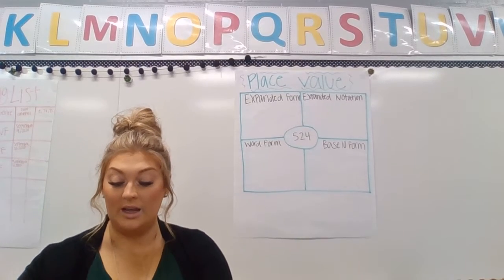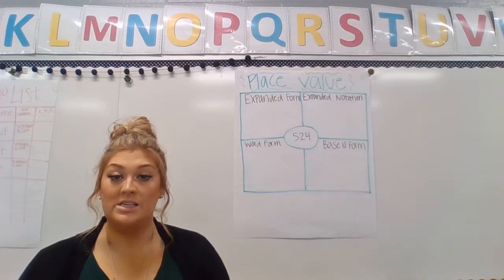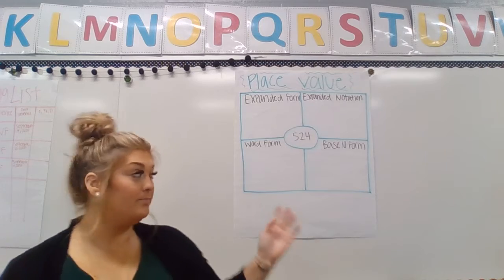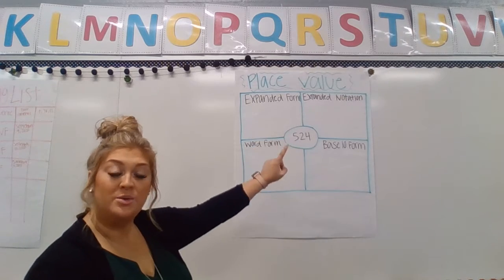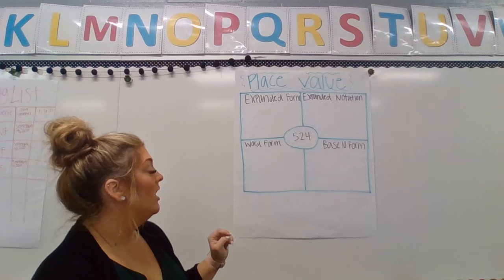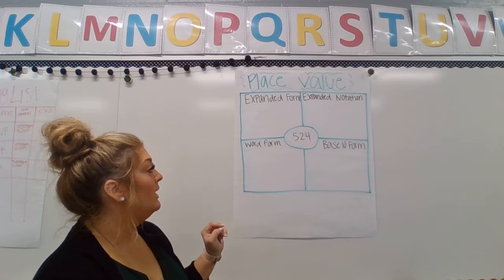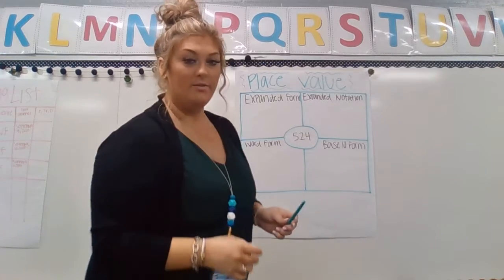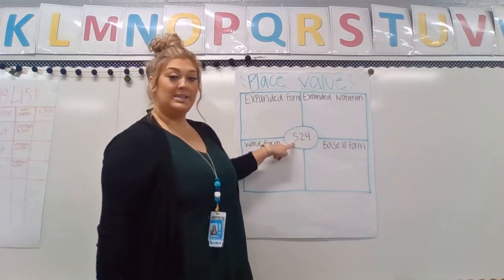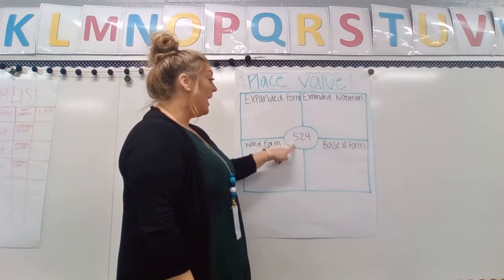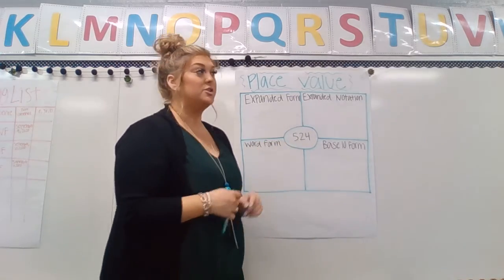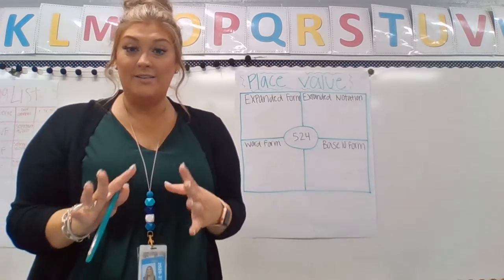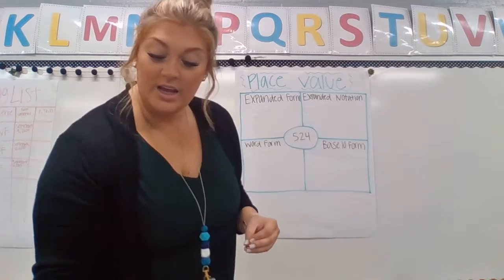We need to think about the place values of 524. So we know that the 5 is in the hundreds place. So we know that we have to have 500 at least.